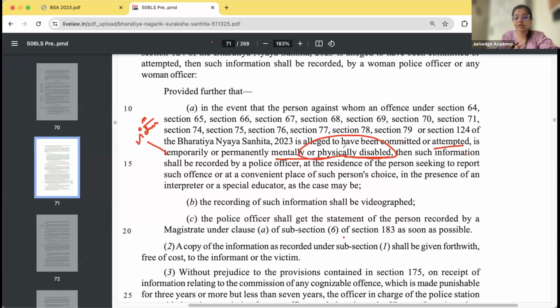Even if mentally or physically disabled, whether temporary or permanent, such information shall be recorded by a police officer at the residence of the person seeking to report such offense, or at a convenient place of such person's choice, in the presence of an interpreter or a special educator, as the case may be.